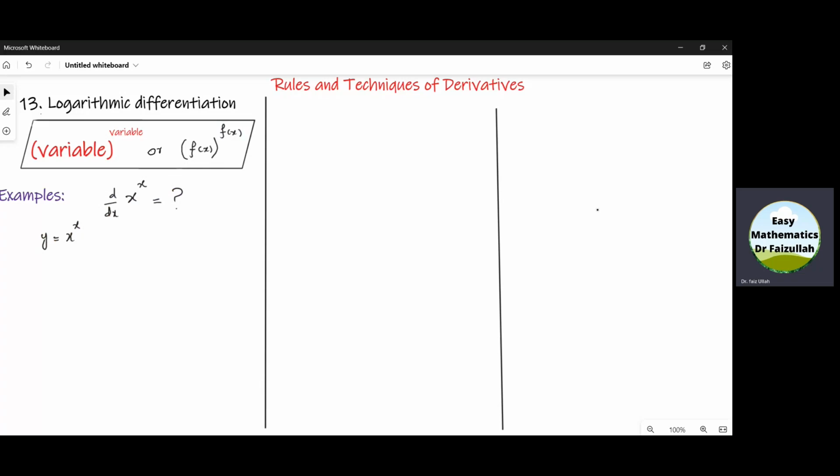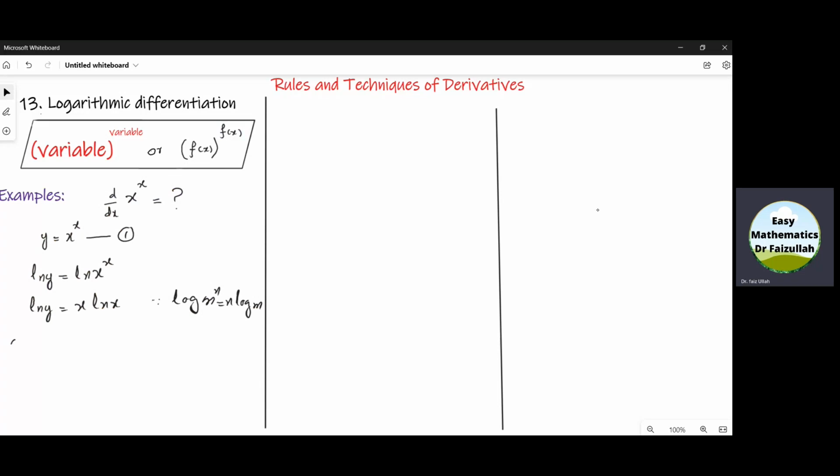And then we need to take natural log on both sides. So we have to write ln y is equal to ln x power x. And now use the rules of logarithm to write x ln x, because we know that log m power n is equal to n log m.